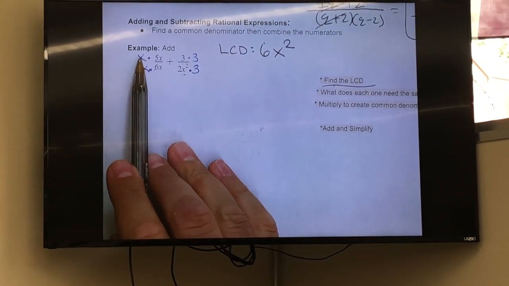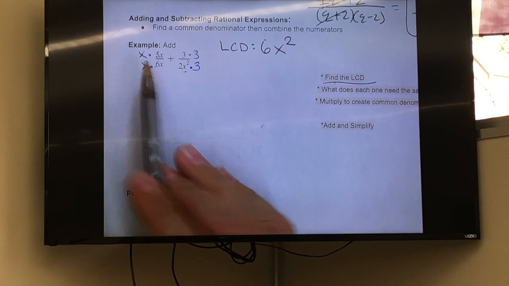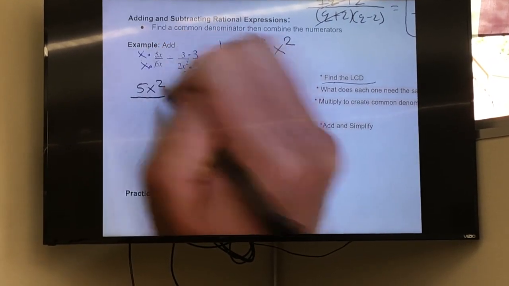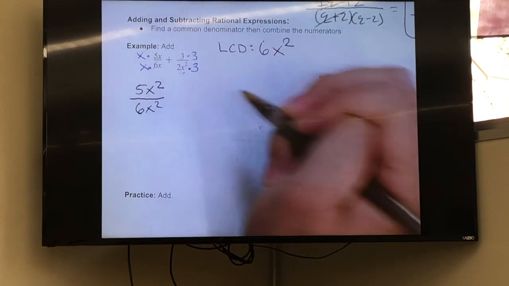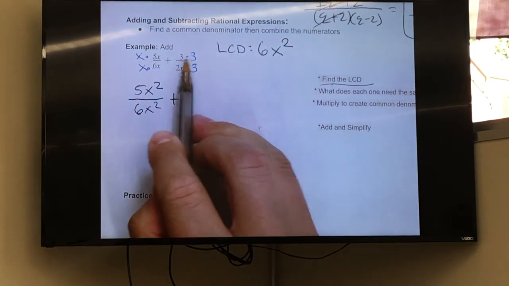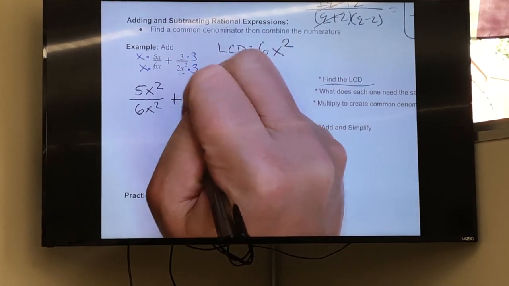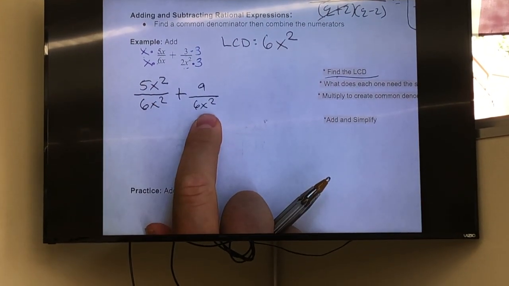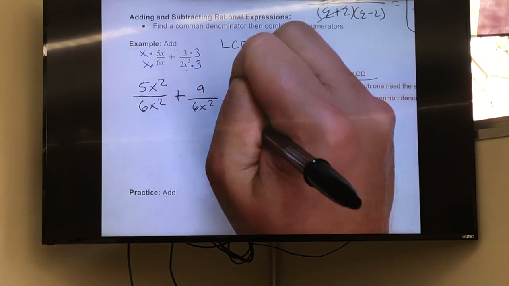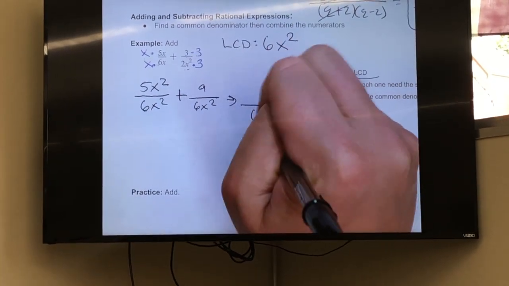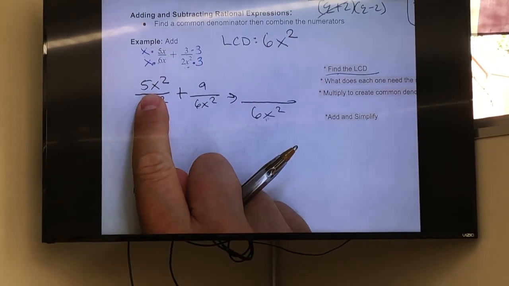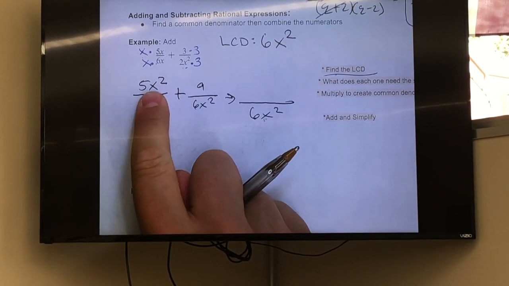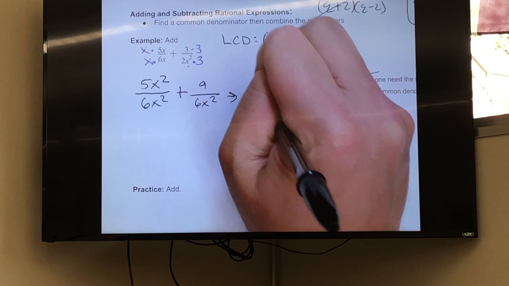On top, we are now looking at 5x times x, which makes 5x squared, over 6x squared, plus 3 times 3 gives us 9 over 6x squared. At this point, we have a common denominator, and we're adding 5x squared plus 9. Those are not like terms, so you're just going to attach them.